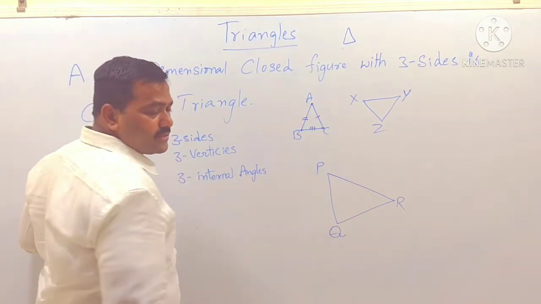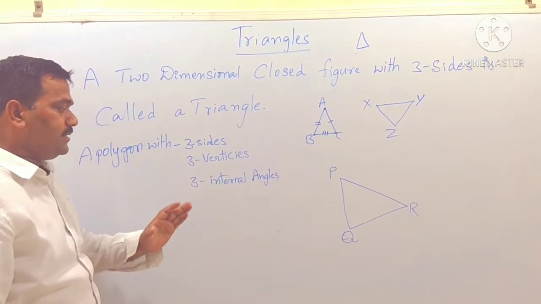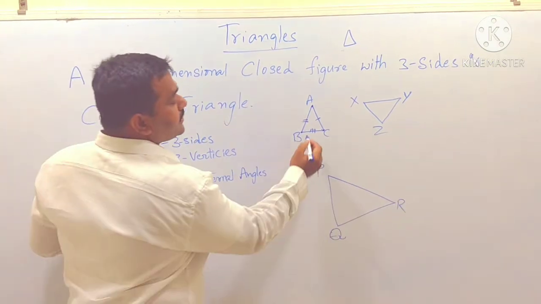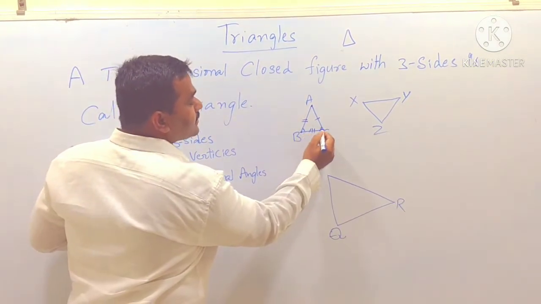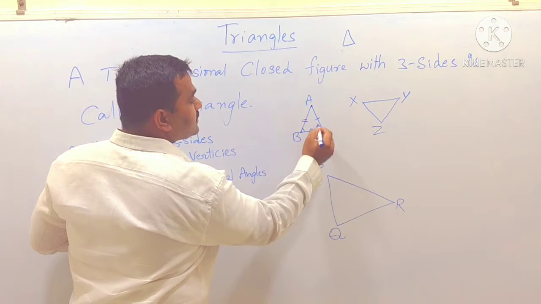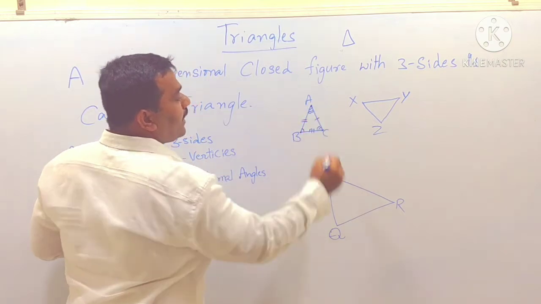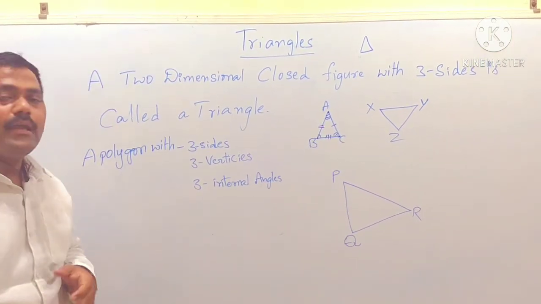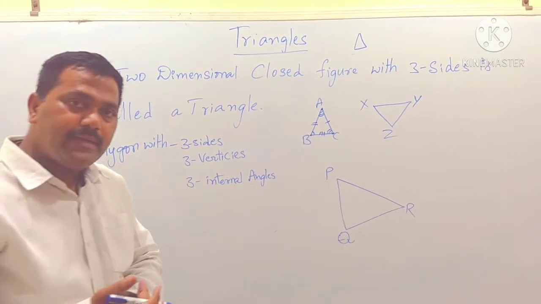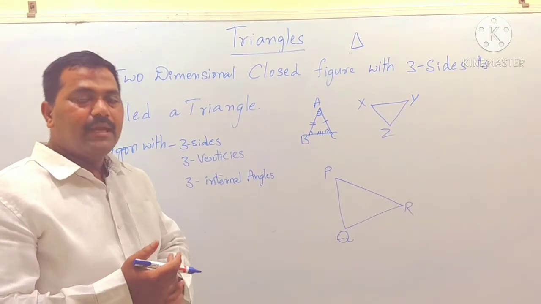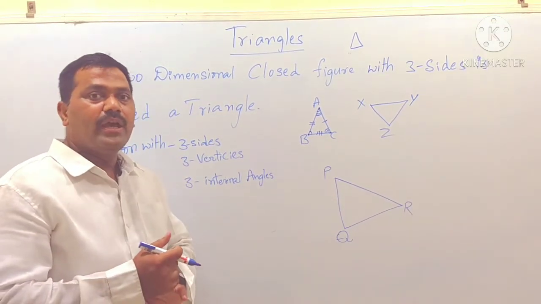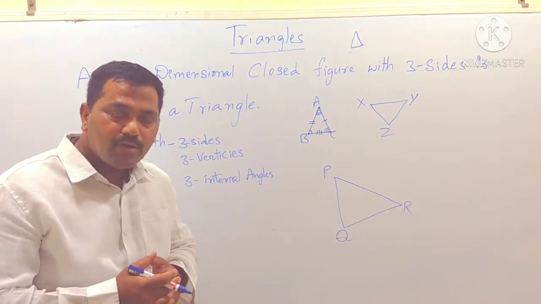How many sides? Three sides and three internal angles. How many internal angles? Three internal angles. A polygon with three sides, three internal angles and three vertices is called a triangle.